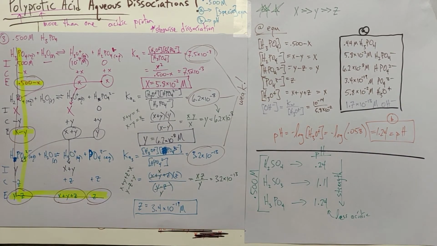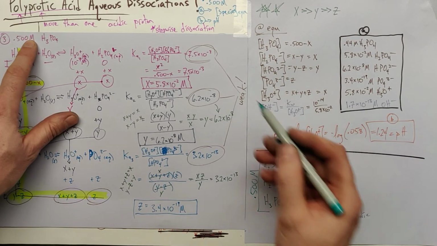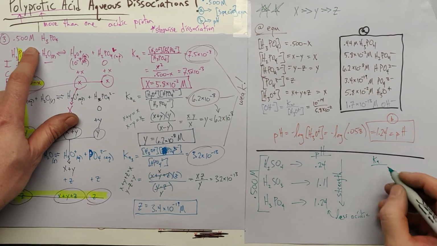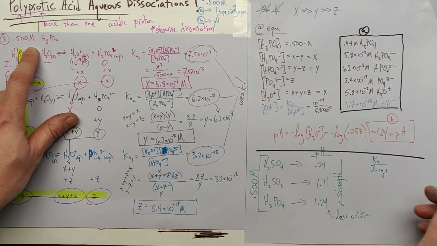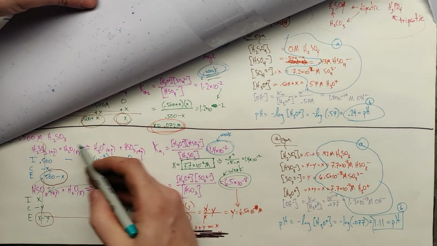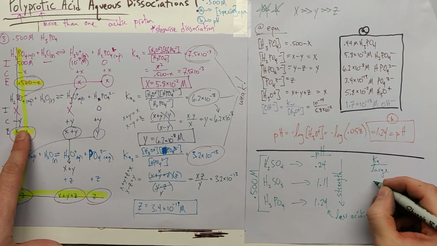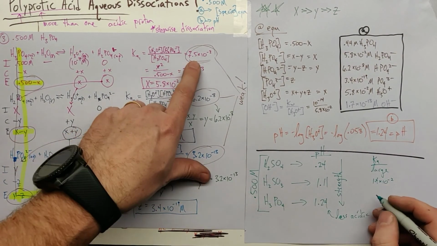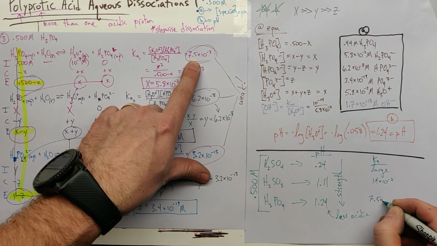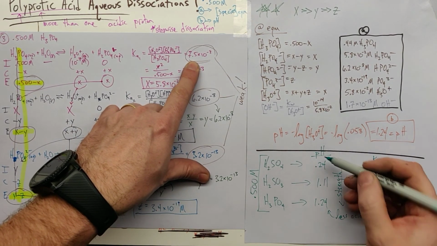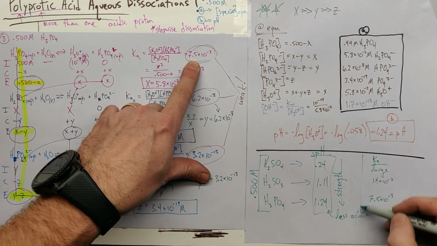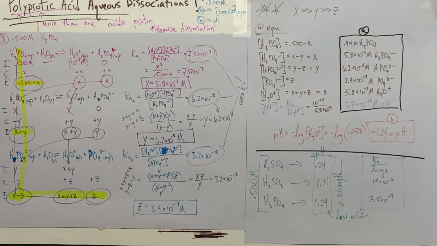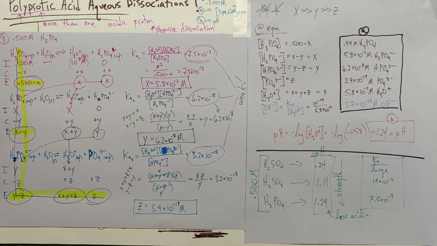All right, that's what you'd expect. 0.5 for a weaker acid, and we can tell based on those K values, Ka for H2SO4 was large. Ka for H2SO3 was 1.4 times 10 to the minus 2. And Ka for H3PO4 was 7.5 times 10 to the minus 3. So the pHs are going up as the K values go down because those things become less acidic regardless of whether they're polyprotic or not. The end.